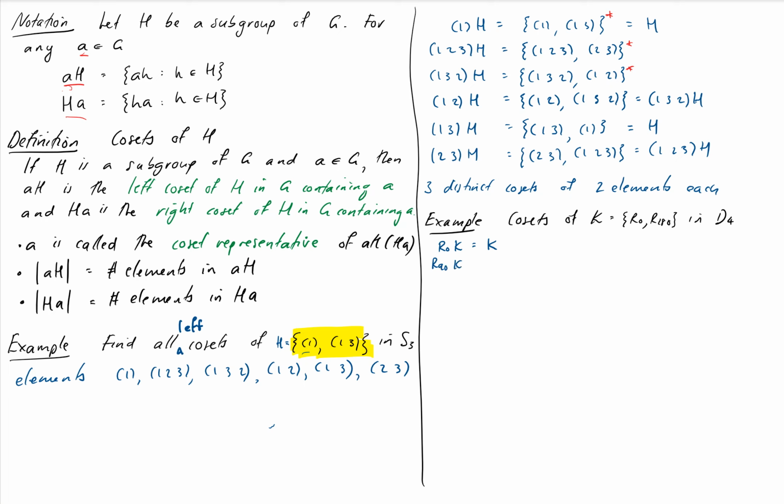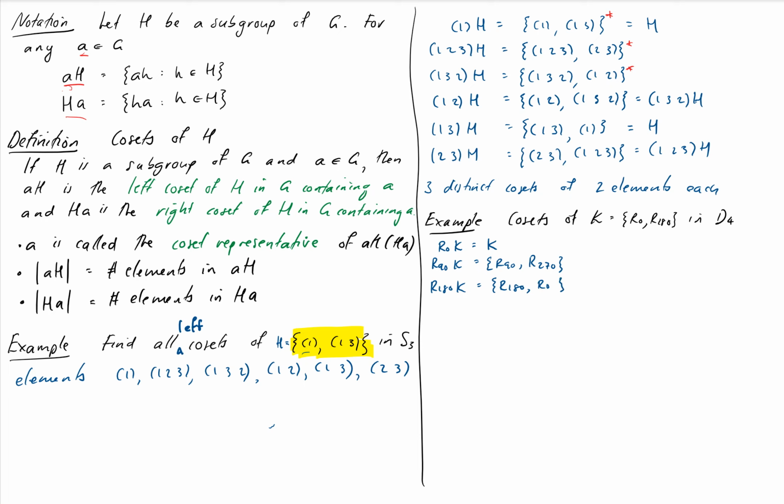R90 times K, you can see we'll quite clearly get R90 times R0 is R90. And R90 times R180 is R270. And then we do R180 times K, and I get back to K quite quickly. I'll get R180, and then R180 times R180 is R0.